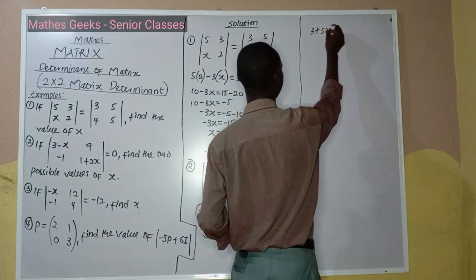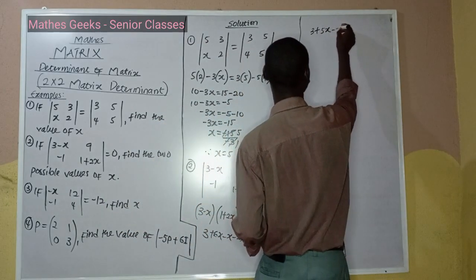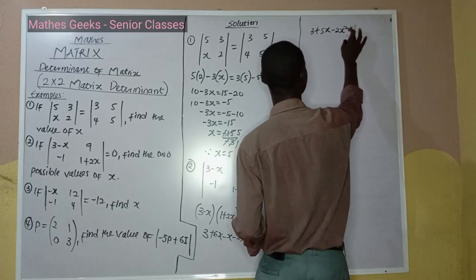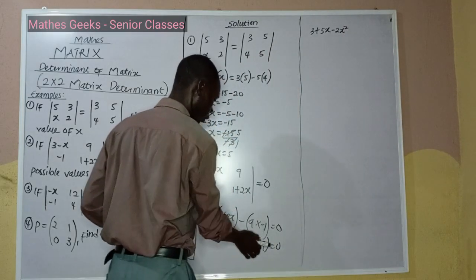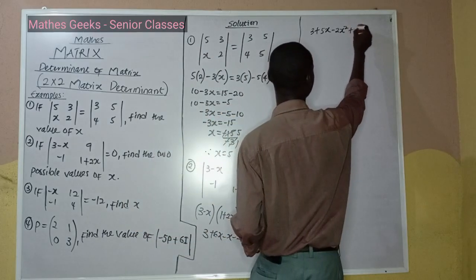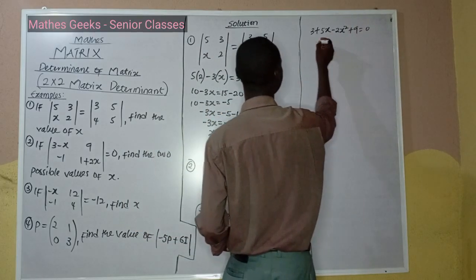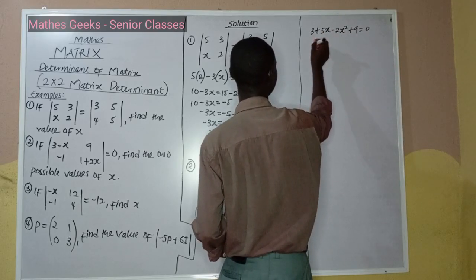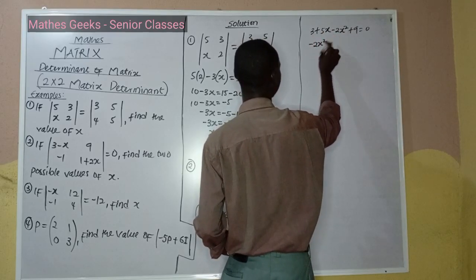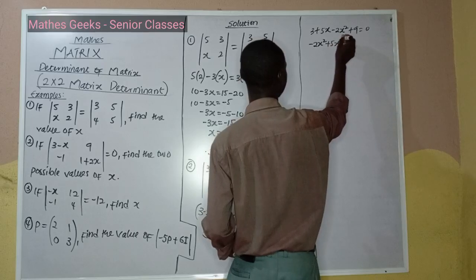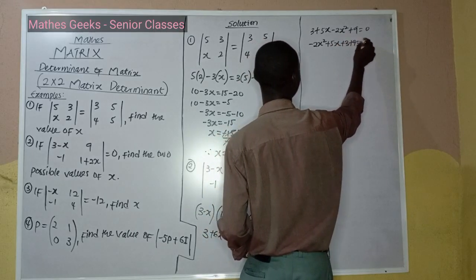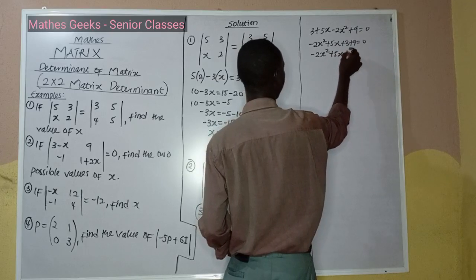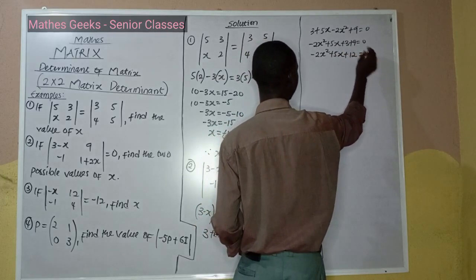So minus 2x squared plus 5x plus 3 plus 9 is equal to 0, minus 2x squared plus 5x plus 12 is equal to 0.